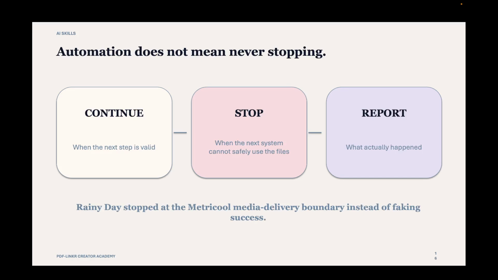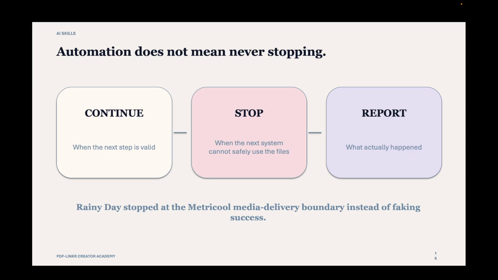But automation does not mean never stopping or never checking anything. It will continue when the next step is valid, but sometimes you have to stop when the next system says, I cannot safely use these files, or you have to make a decision before I can do something. And you can build that into your prompts.